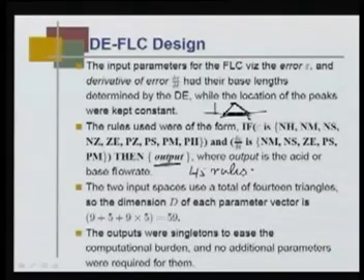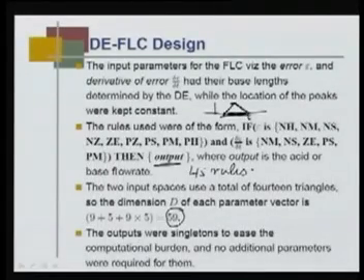So, the total number of parameters that I need is 45 parameters for the output, 9 base lengths for the fuzzy variable error, and 5 base lengths for the fuzzy input variable, the derivative, the change in the derivative of the error.